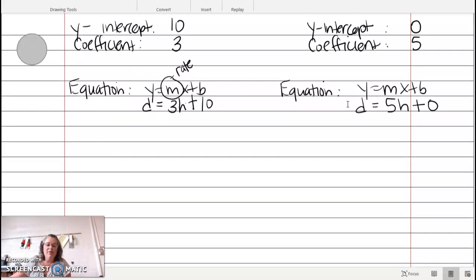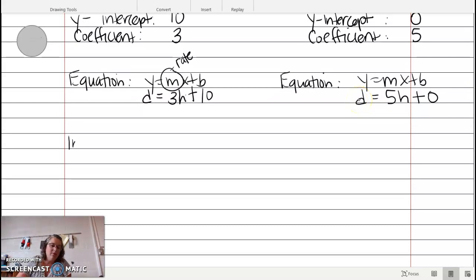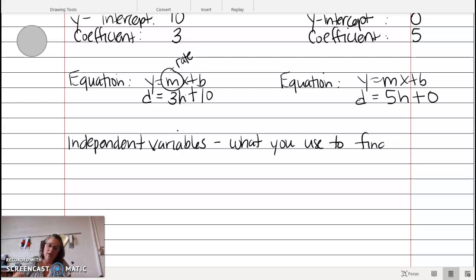Okay, I believe on your homework they might ask you about independent variables. Independent variable, I like to think of that as what we are using to find the dependent variable.